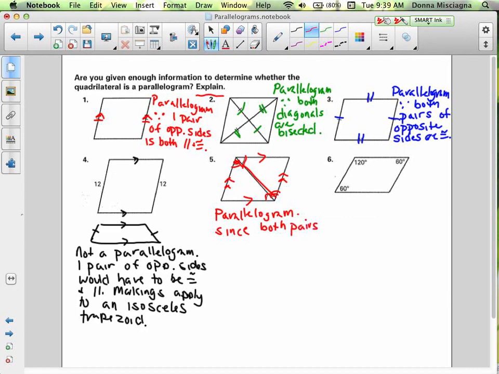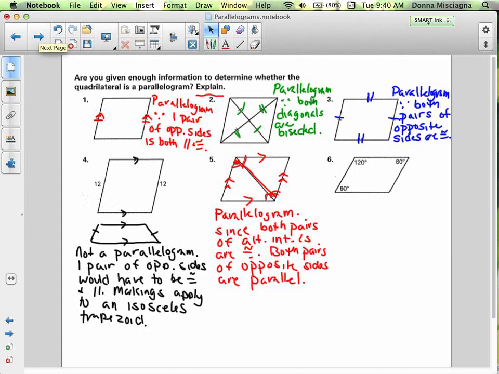Since both pairs of alternate interior angles are congruent, both pairs of opposite sides are parallel. And I could put making this a parallelogram, right? But I already put parallelogram up above, so it's all right.